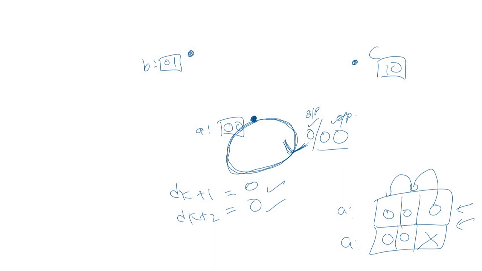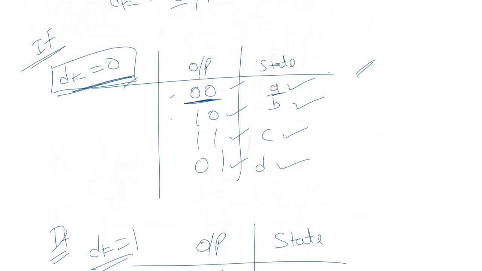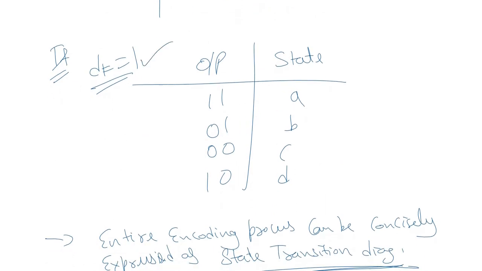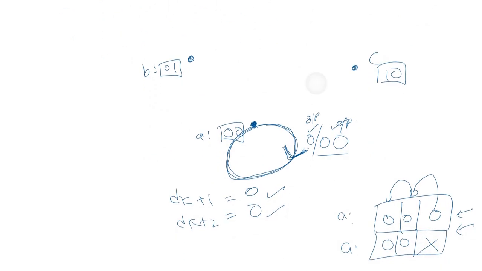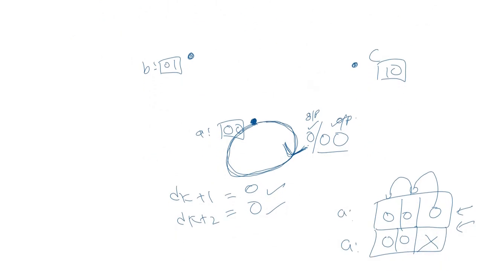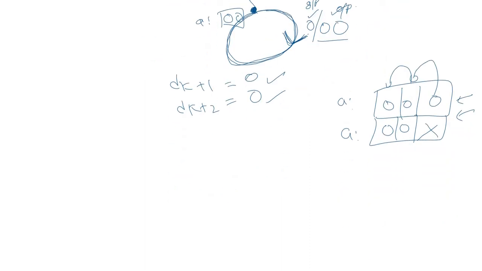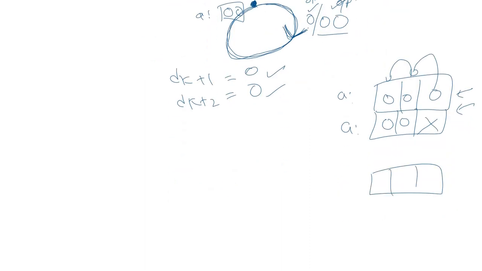Now when input data is 1, check the table: when the input data is 1, output is 1, 1 when we are in state A. So when the input is 1, we move on to state B. The input is 1, output will be 1, 1. This is the standard way of representation. Why do we move to state B? Because initially it was 0, 0, that is we were in state A, and we give input as 1.